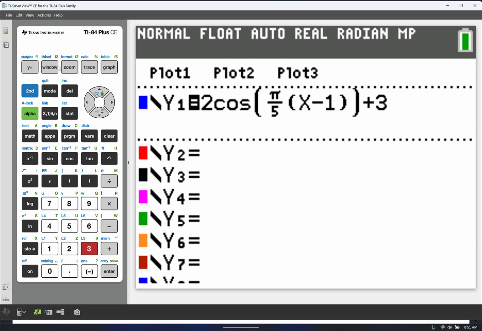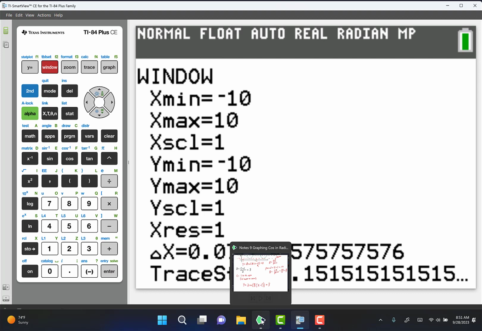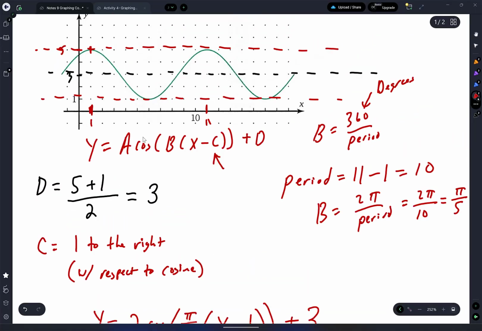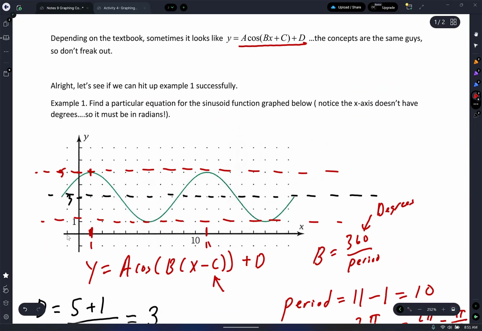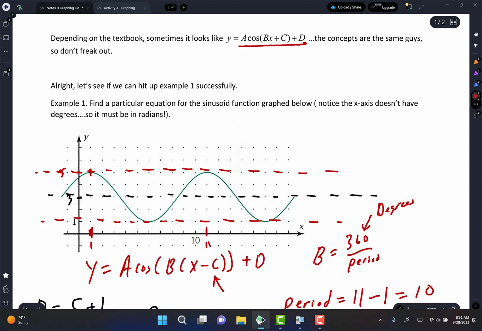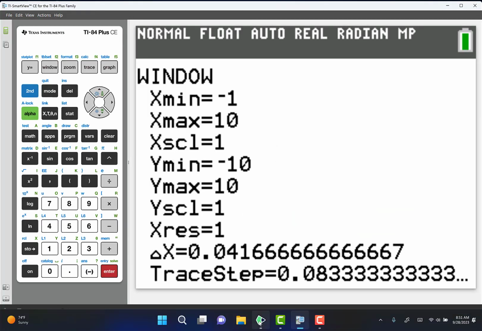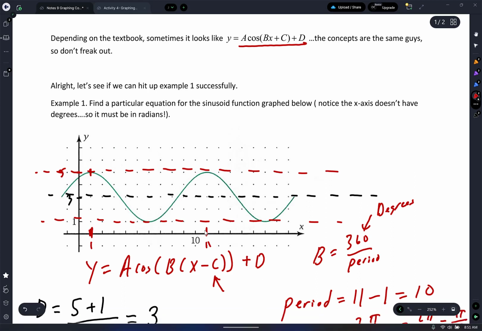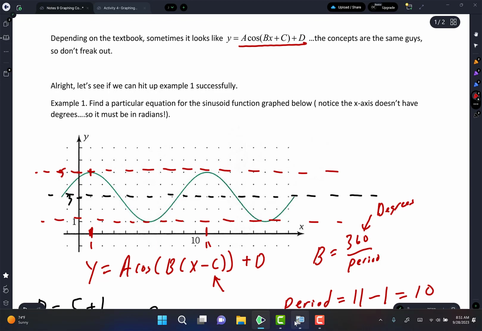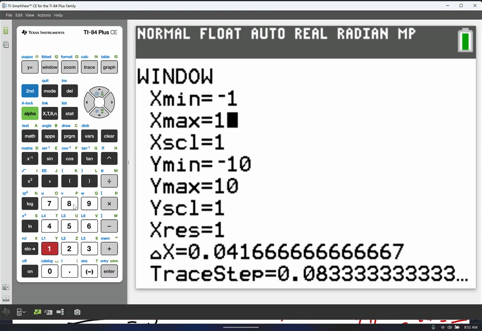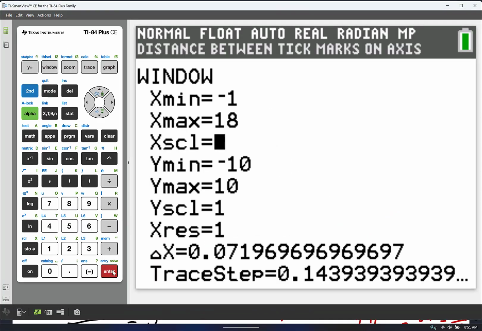Push the word window. And then here you just make it look like this. The smallest x value I have looks like it's -1, so I'm going to put -1 for x min. The biggest x value I have, let's see, that's 18. So I'm going to put 18 here for x max. X scale by 1, that's fine.